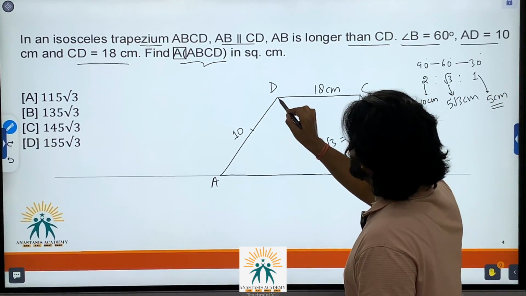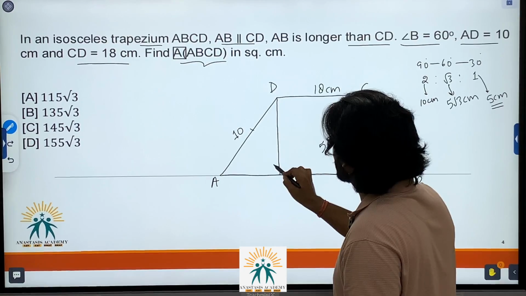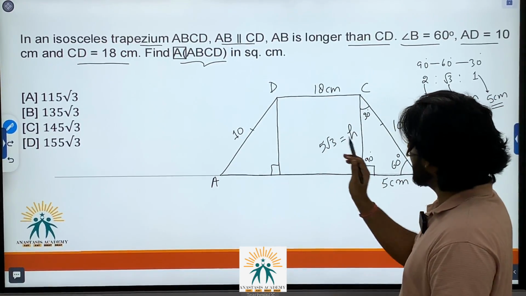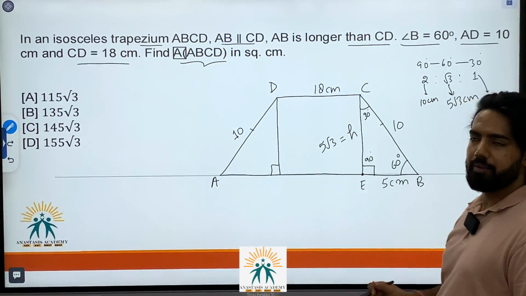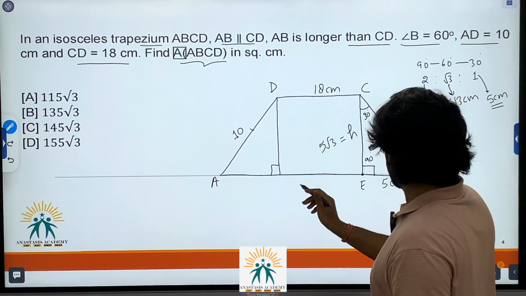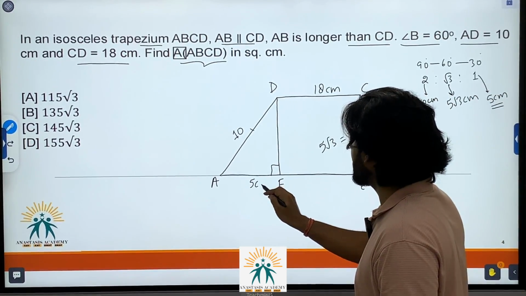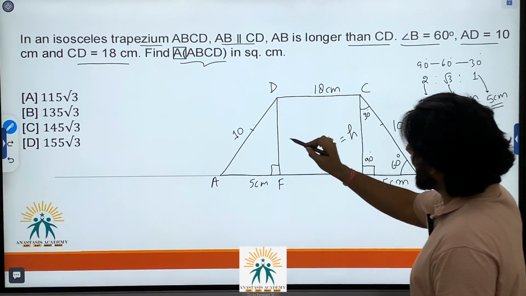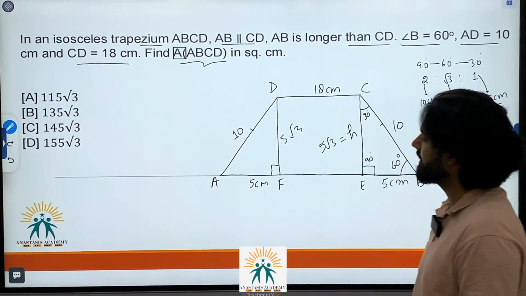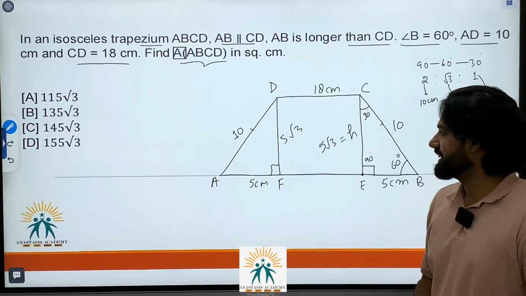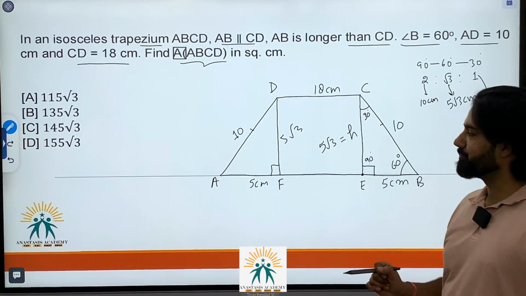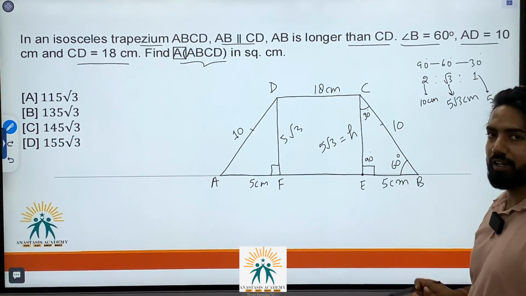Similarly, drop a perpendicular from this point. These two triangles are congruent because they are the same. So you will get the value of AF as 5 centimeters and the height as 5√3, right? So just by dropping the perpendicular, these two lengths are known.